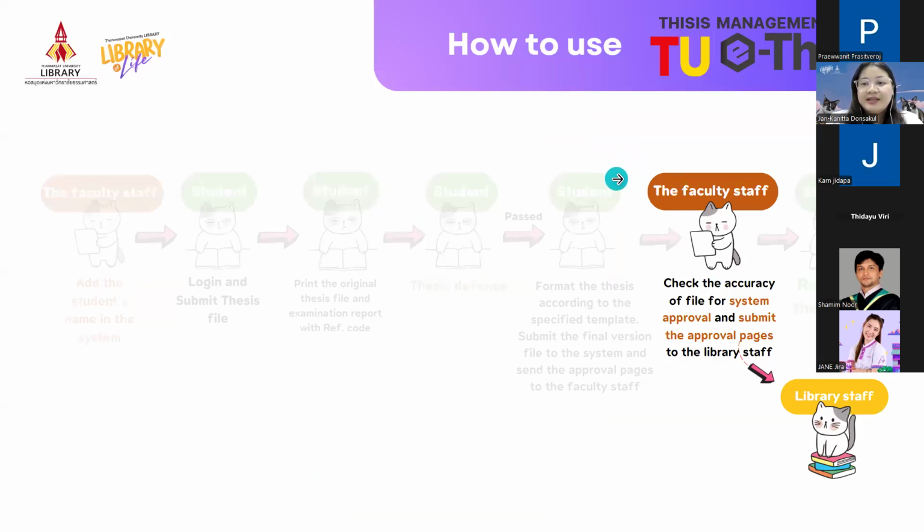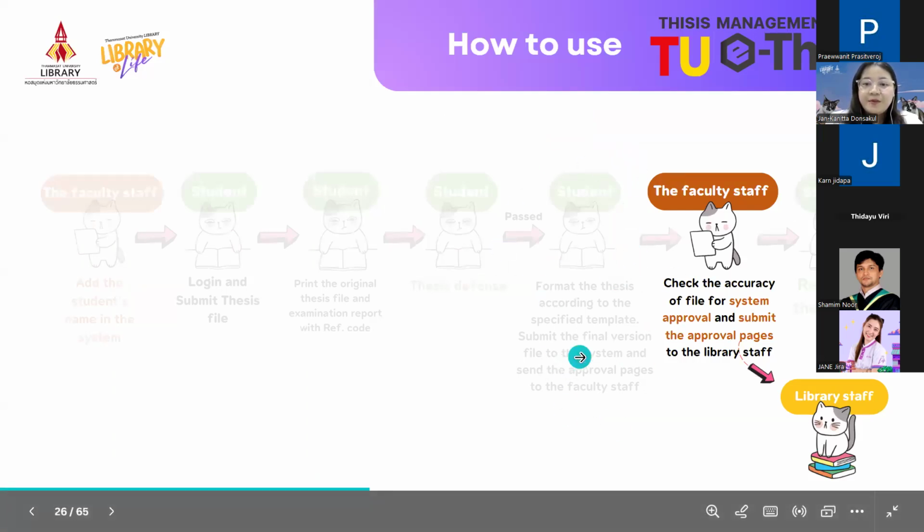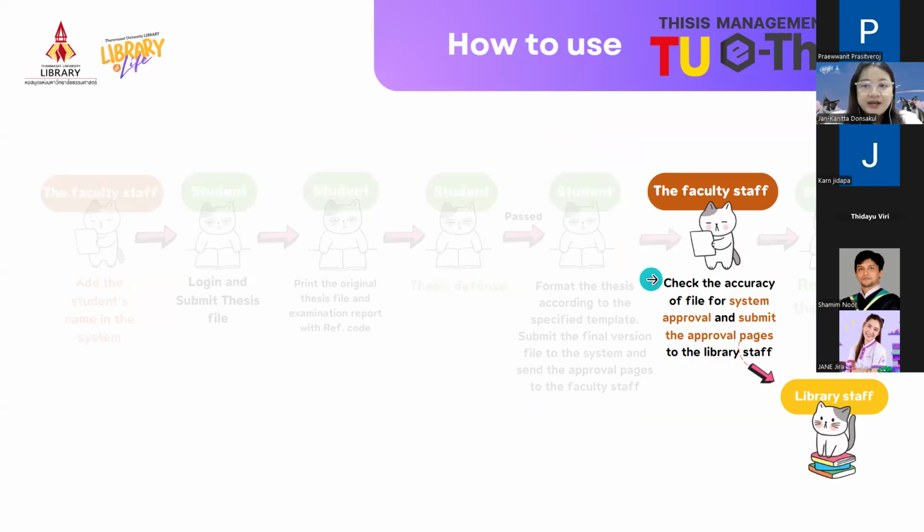Next one, once you have finished formatting, the faculty staff will check the accuracy of your file in the system and then approve it, so you can register your thesis into the system, like step 2.